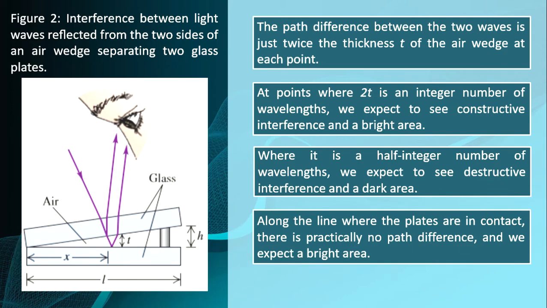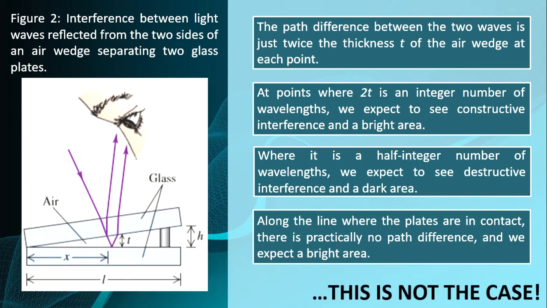Along the line where the plates are in contact, there is practically no path difference and we expect a bright area. So let's take note of these statements and compare them to our results later on.